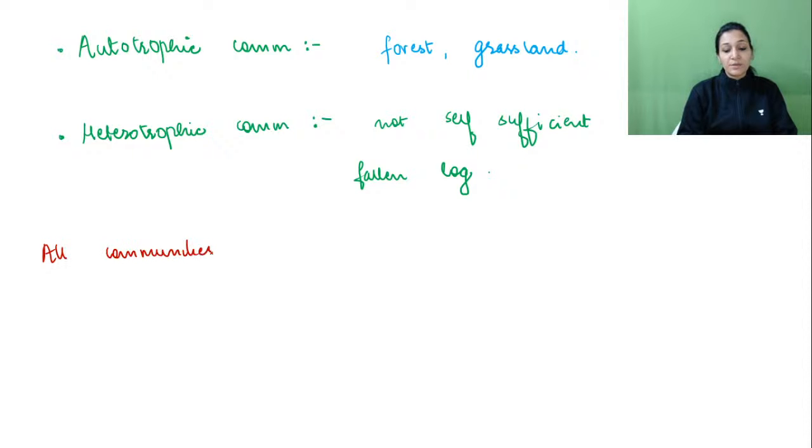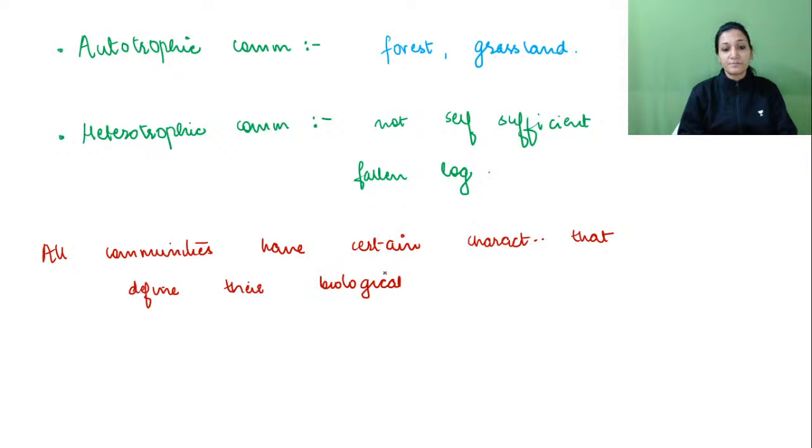All communities have certain characteristics that define their biological and physical structure, but these characteristics cannot be constant.